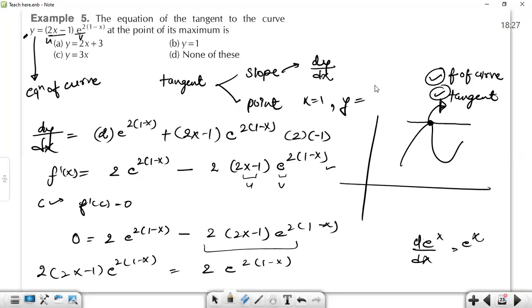Anyone? Okay, simply putting x equals 1 here, y would be 2x minus 1, so 2 minus 1, into e raised to the power 2 into 0. So e raised to the power 0 becomes 1, and 2 minus 1. So basically y is 1.